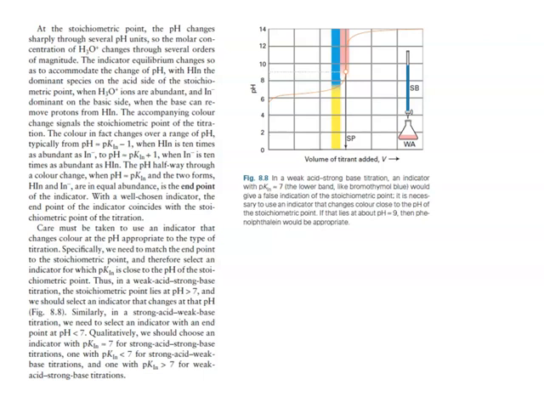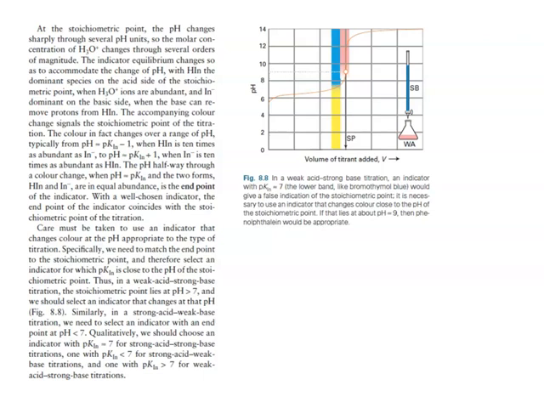The indicator equilibrium changes so as to accommodate the change of pH, with the acidic form of the indicator the dominant species on the acid side of the stoichiometric point, when hydronium ions are abundant, and the basic form of the indicator, In minus, dominant on the basic side, when the base can remove protons from the acidic form. The accompanying color change signals the stoichiometric point of the titration has been reached.